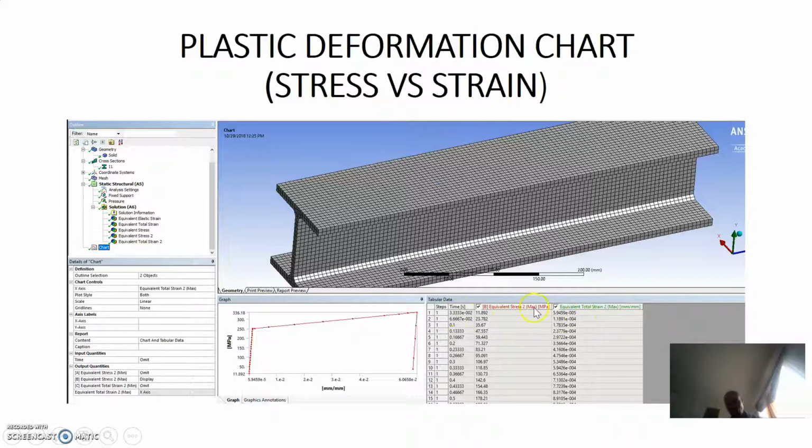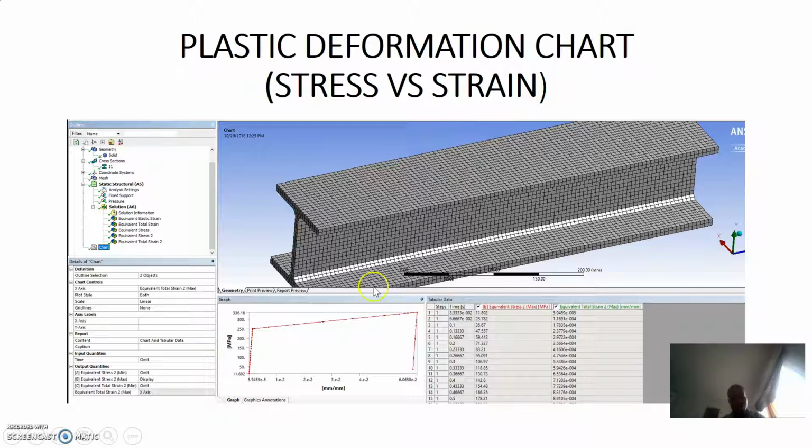This data gave this graph right here, and this is the graph that we actually have to get. If we don't have this graph, our material does not deform plastically, and that does not correlate with the plastic deformation that we aim to do.